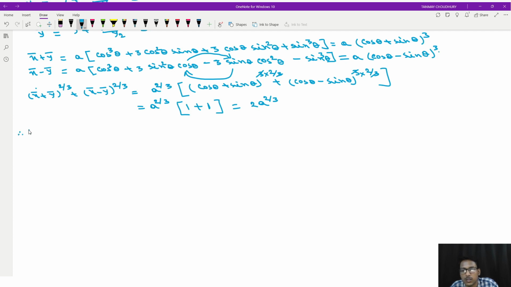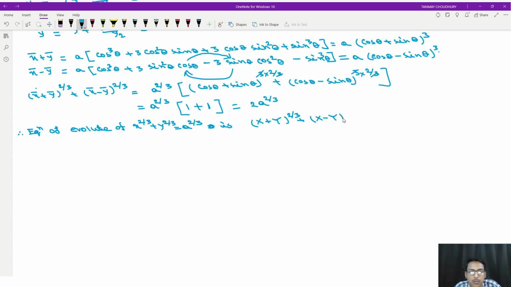Therefore the equation of the evolute of the asteroid x to the power 2/3 plus y to the power 2/3 equal to a to the power 2/3 is, we can write it as (X plus Y) whole to the power 2/3 plus (X minus Y) whole to the power 2/3 equal to 2a whole to the power 2/3. So it is in implicit form, not directly in Cartesian form.